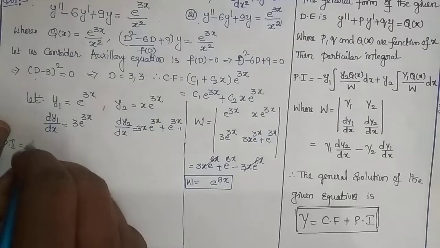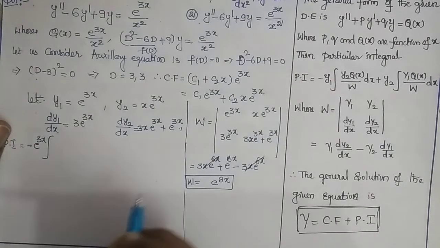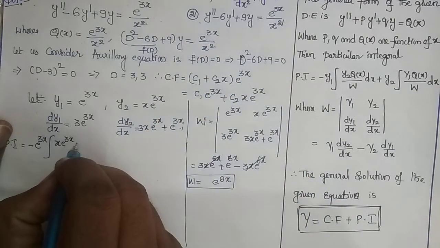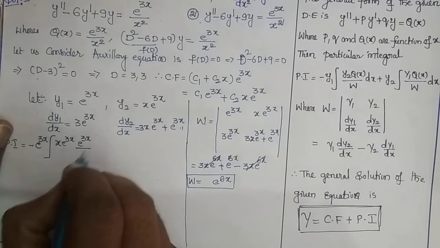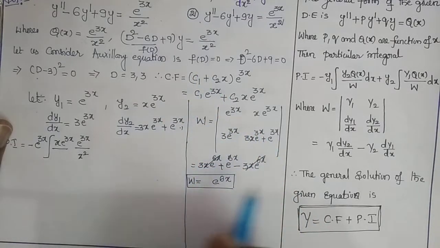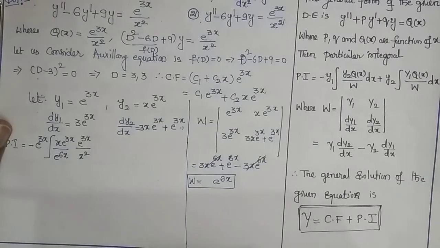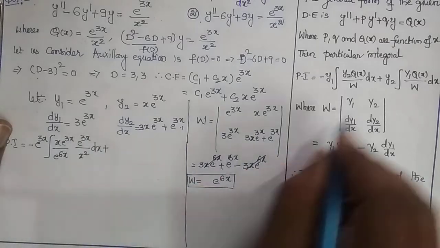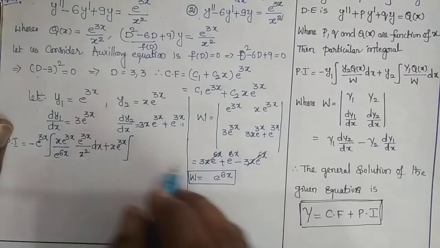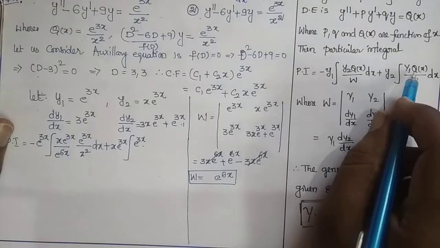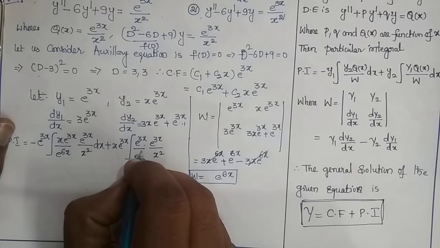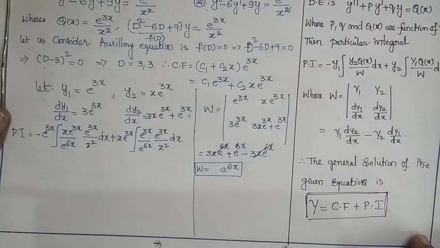Minus y1, which is e power 3x, integral y2, which is x into e power 3x, Q of x, which is e power 3x by x square, divided by W, which is e power 6x, into dx, plus y2, which is x into e power 3x, integral y1, which is e power 3x, Q of x, which is e power 3x by x square, again by e power 6x, dx. Now simplify this.